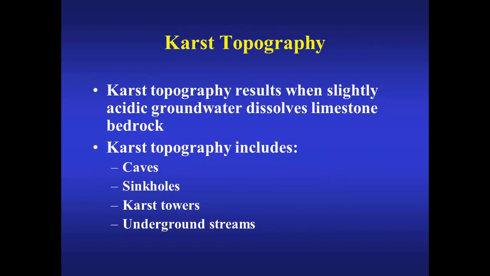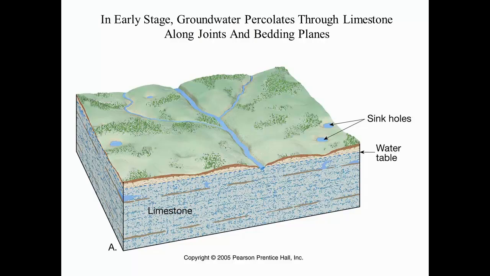Now, karst topography results when slightly acidic groundwater dissolves mainly limestone bedrock, and karst topography can include such features as caves, sinkholes, karst towers, and even underground streams. Let's start out, for an example, in the early stage where groundwater percolates through limestone bedrock along mainly joints and bedding planes.